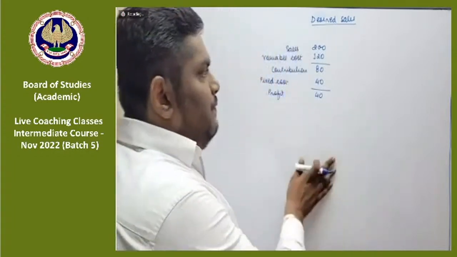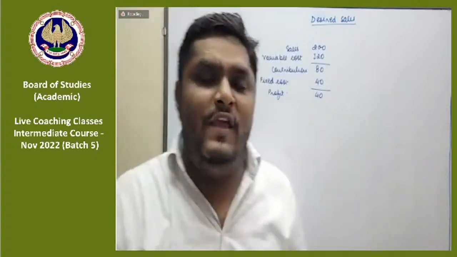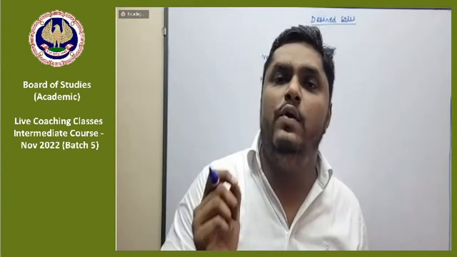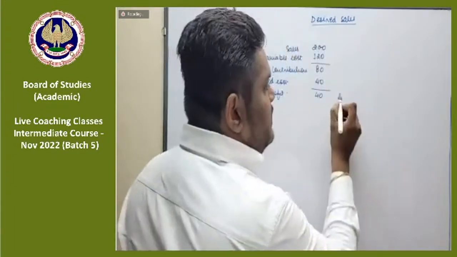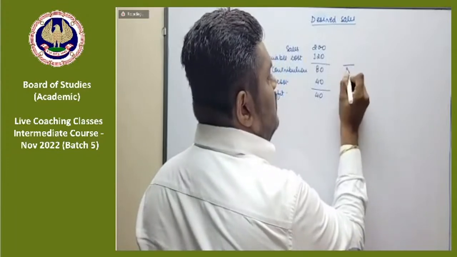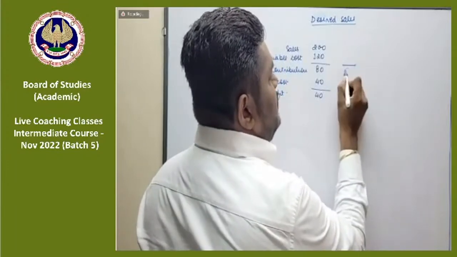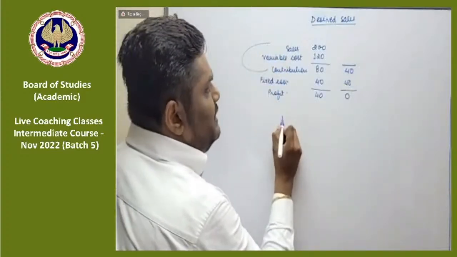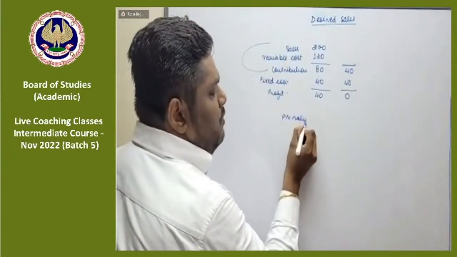So now, if the examiner is asking you to calculate break-even sales, what will you do? Simply 0 is my profit, 40 is my fixed cost. So my contribution will be 40. As discussed, the relationship between contribution and sales, we call it PV ratio.